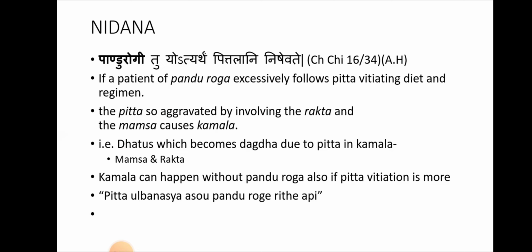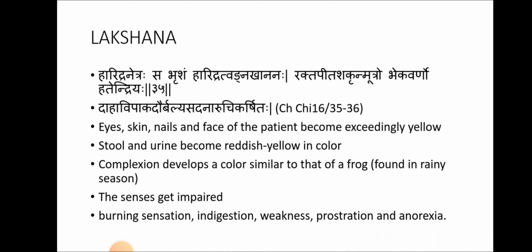That is the types. So the first two lines explain the signs and symptoms. That is Haridra netra: the eyes, skin, nails and face of the patient become exceedingly yellow in color.